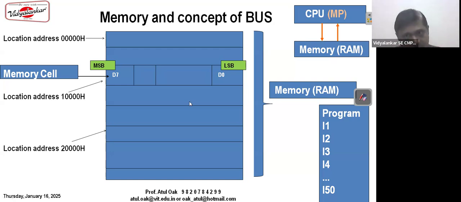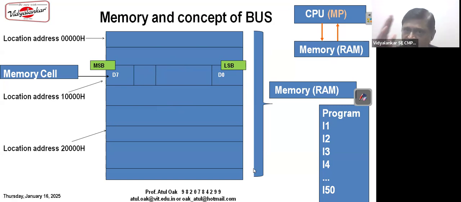We will see in 8086 what those signals are; here we are a little general. Let us assume through control bus, processor understands I want to read. What you read is a byte, D7 to D0, MSB to LSB. That byte you will read through data bus.